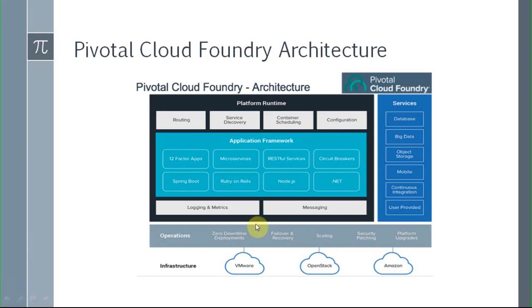Having zero downtime deployments, security patching, which can also be automatic, and platform upgrades. Here you see that in the infrastructure layer, you can use OpenStack. OpenStack is a kind of infrastructure as a service.